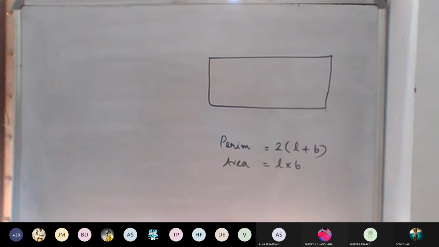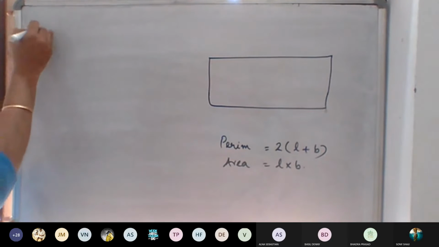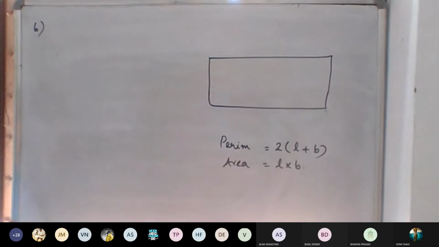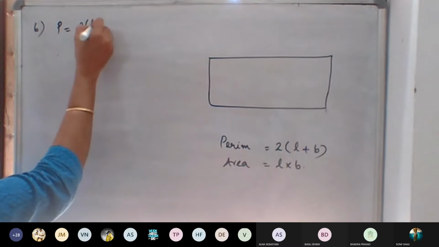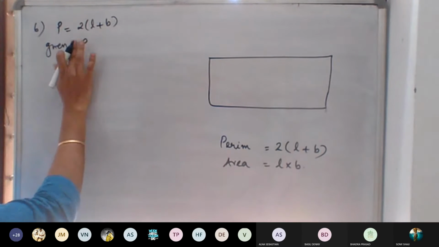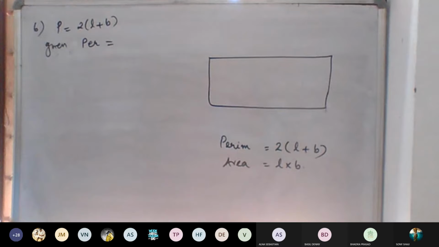The perimeter of the rectangle is given as 104 and area 640. We have to find the length and breadth. What are the things given? Write down perimeter is equal to 2 into L plus B. Given perimeter is equal to 104.